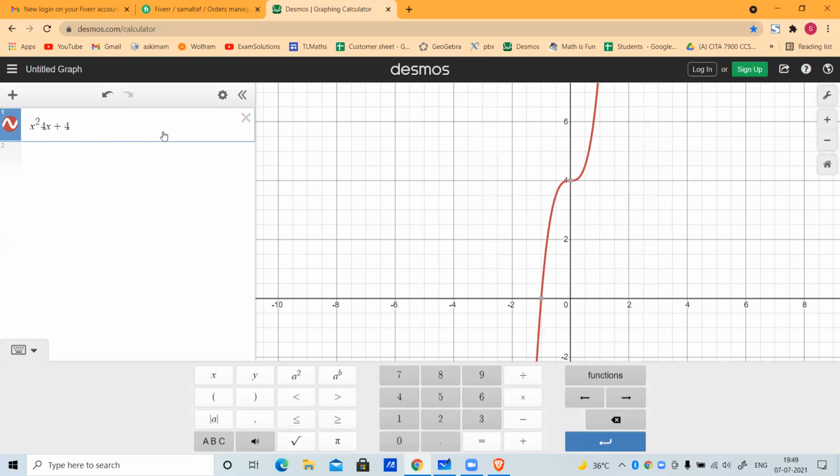For example, let us take x squared plus 4. So this is also a quadratic equation, but it is neither cutting the x-axis nor touching the x-axis.